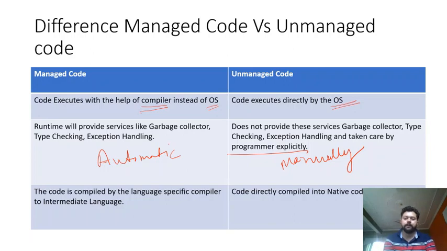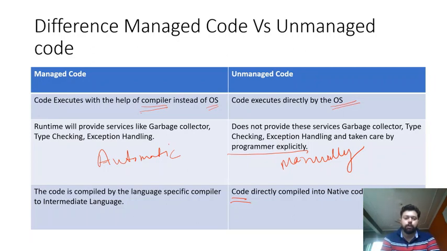In unmanaged code, the code is directly compiled into native code, meaning the target language, with the help of the operating system. So these are the differences between managed code and unmanaged code.